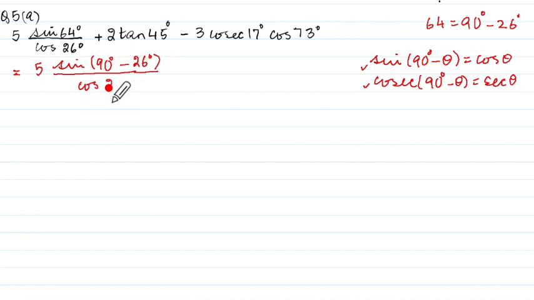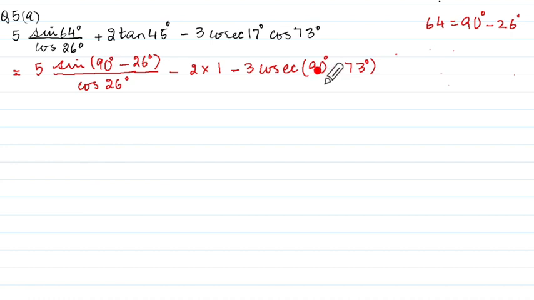So we'll have cos 26 as it is, then minus 2 tan 45 degrees. Now tan 45 degrees, I think we could just write 2 into tan 45 degrees is 1, and minus 3, it will be cosec 90 degrees minus 73 degrees, because 90 degrees minus 73 degrees is 17. So 17 is to be written this way. Into cos 73 we will write as it is.